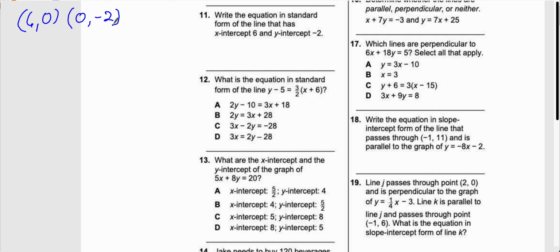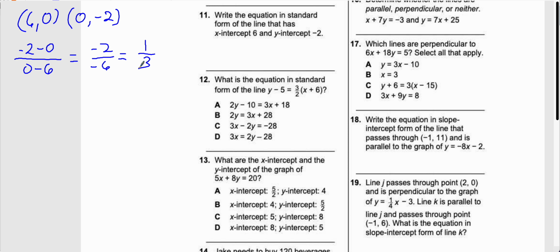So there's our two ordered pairs. With two ordered pairs, I can find the slope. That would be -2 minus 0 over 0 minus 6, the slope formula, so -2 over -6. That would be a positive 1/3.